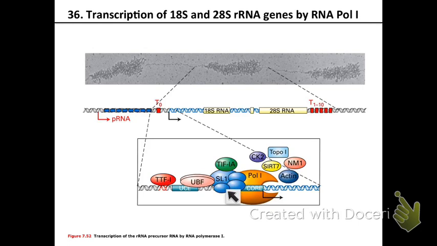Okay? And the reason why these sequences are different is that they are recognized by a different set of initiation factors. So these initiation factors, some of them are named here, are going to bind and they're going to recruit the RNA polymerase 1 so the RNA polymerase 1 can start transcription.